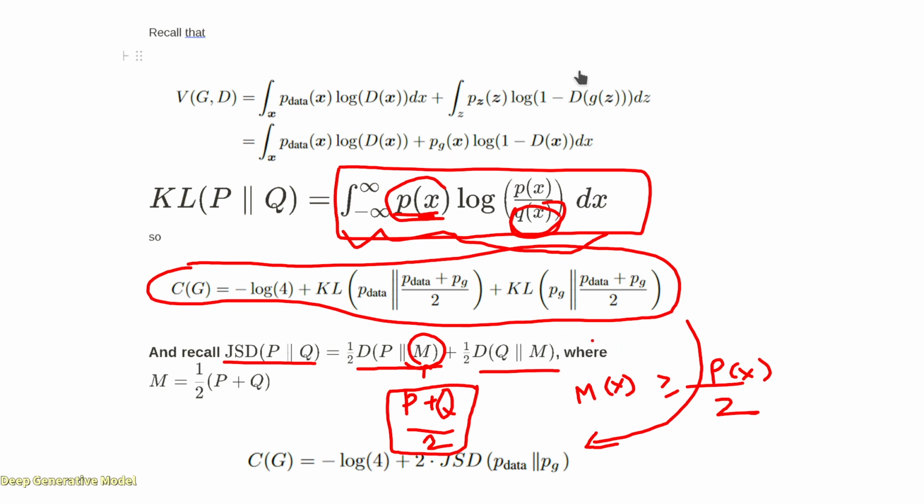So this is a good one. KL divergence is very, very popular. When we think about divergence, we first think about KL divergence because it's very close to cross entropy. And the Jensen-Shannon divergence is a good version, a symmetric and non-infinity version of KL divergence. So it is a good divergence.